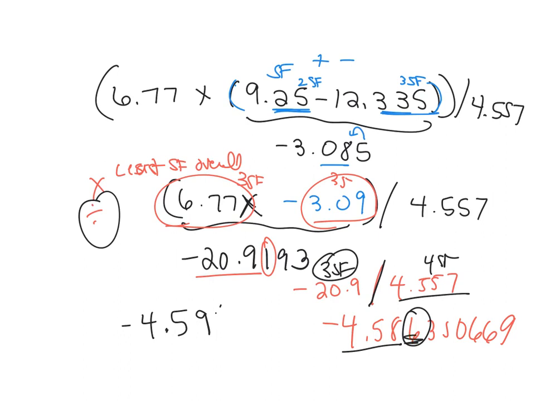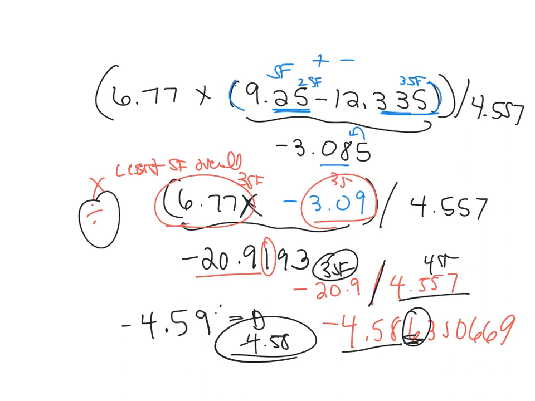So I think I had some rounding issues here, because when I look at that, I see that the closest answer is D, 4.58. So that's the answer I'm going to go with. Probably what happened is if you don't actually round these, so if you just do 9.25 minus 12.335, and then you take that number without doing the rounding, times 6.77, equal that out, divided by 4.557, you get an answer.